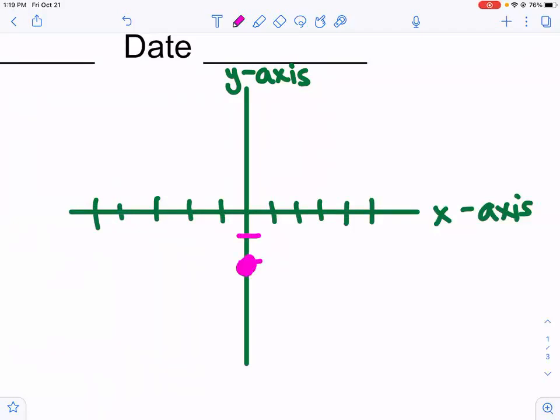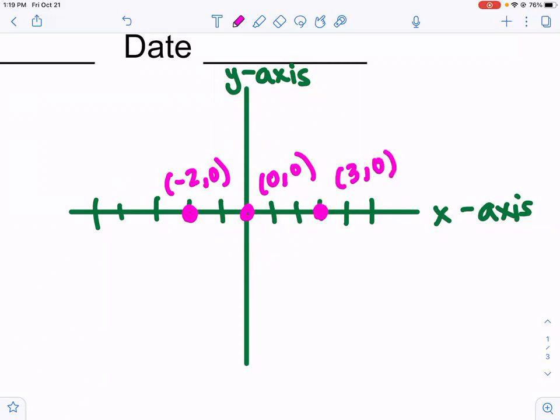Okay, so instead of 0, -2, let's name -2, 0. So flip them. This guy right here is 0, 0. And then what was the third point you want to fix? 3, 0. Okay, so these are Peyton's points.